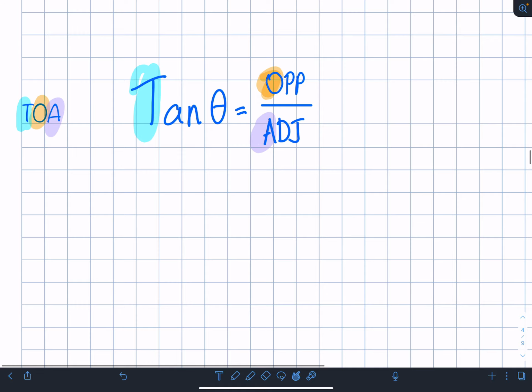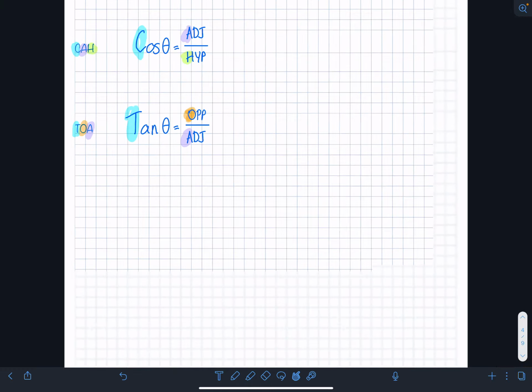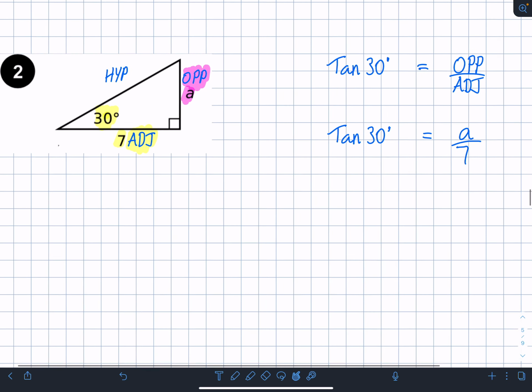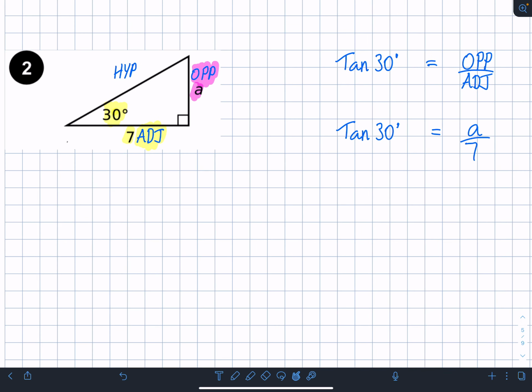So we're going to use the formula tan theta equals opposite over adjacent. So we have tan 30, so 30 degrees, equals opposite over adjacent. Opposite is A and adjacent is 7.